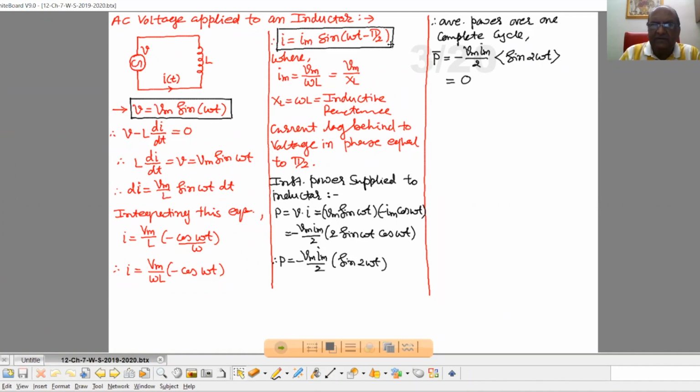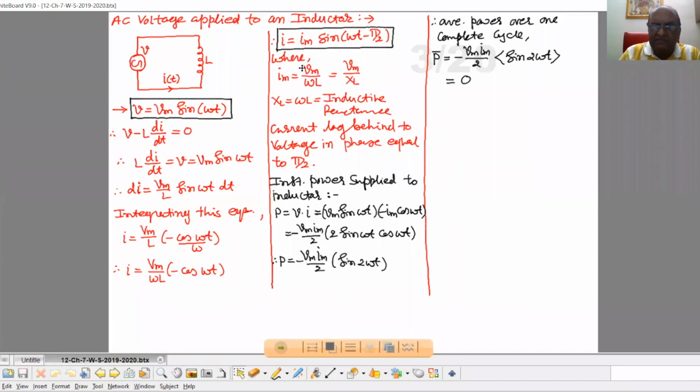Now see here, Im is Vm by omega L. Here Vm by omega L is replaced by Im, that is the maximum current.